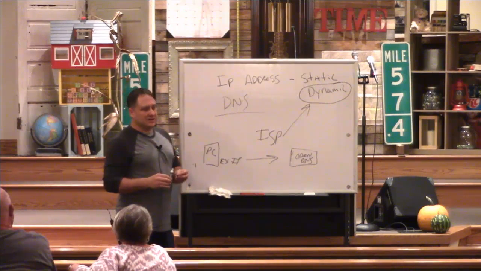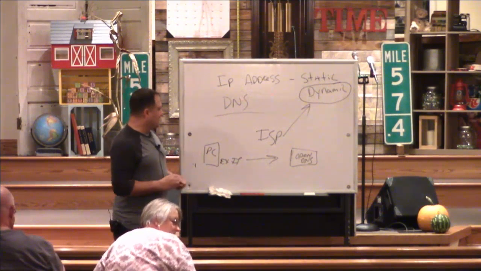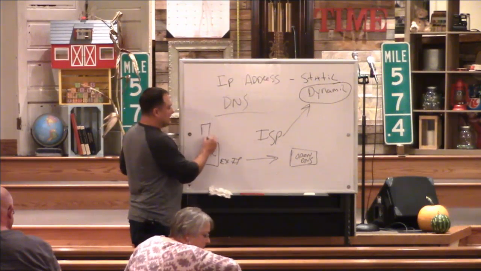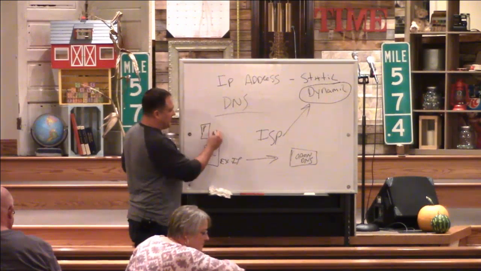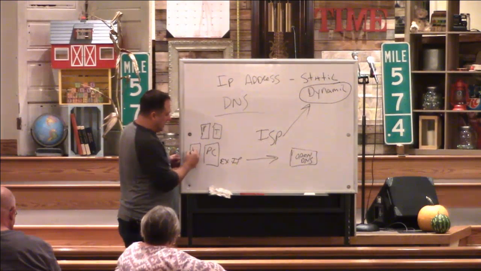Any questions on anything we went over tonight? Yes. Think of it like this. It's going to be any device. It's going to be a phone. It's going to be a tablet. It's going to be a laptop.